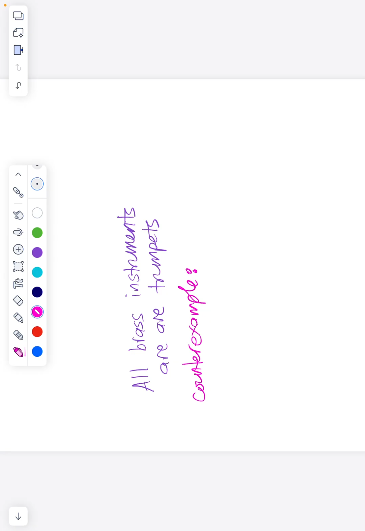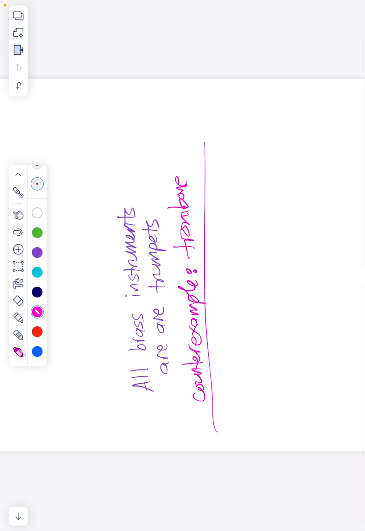Okay. Mason? Ezekiel? Trombone, yeah. So the trombone is the kind that slides, has the big slider like this. It's brass, but it is obviously not a trumpet.